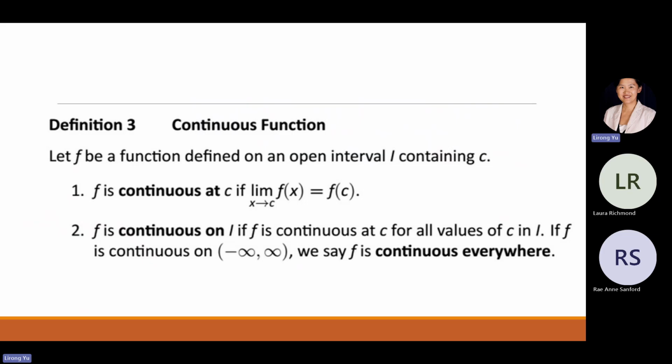Let's try to follow this definition. Suppose you have a function that's defined on an interval, and the function is continuous at a number c if the limit of the function equals f of c.